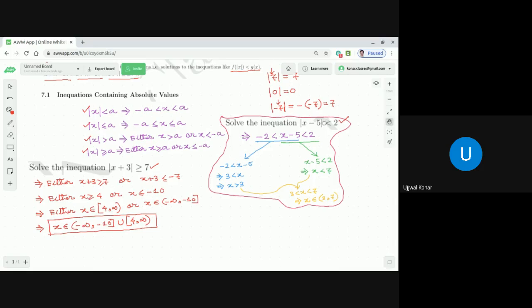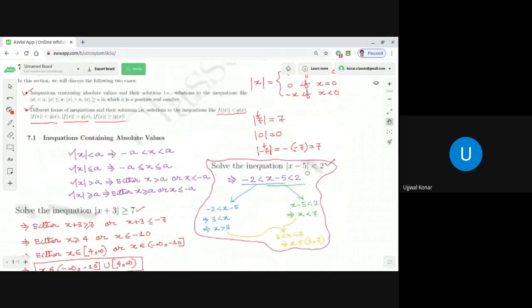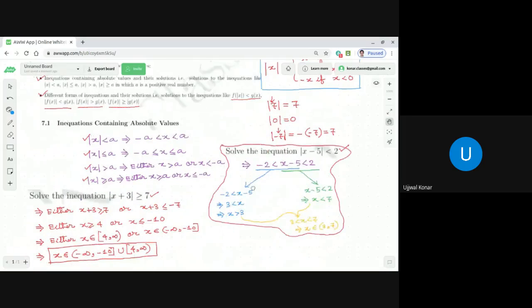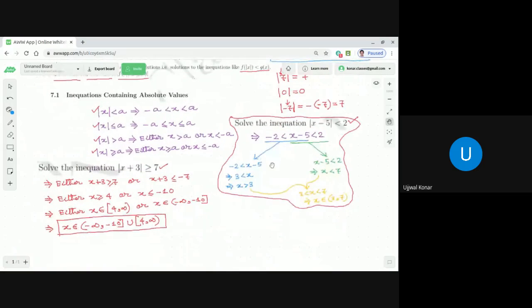The other thing is that the fundamental definition of mod is also extremely important to remember, dear students. We will discuss mod again later when we discuss complex numbers, where modulus is also very important. But here also, in solving linear inequalities, it is very important, and you will see why.